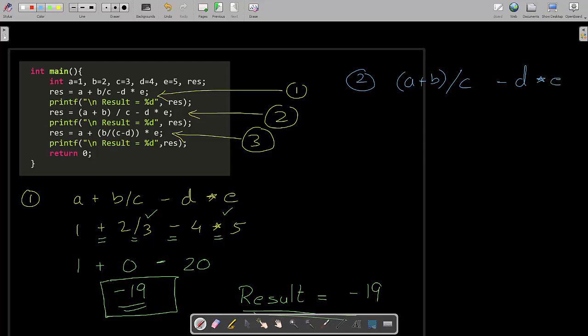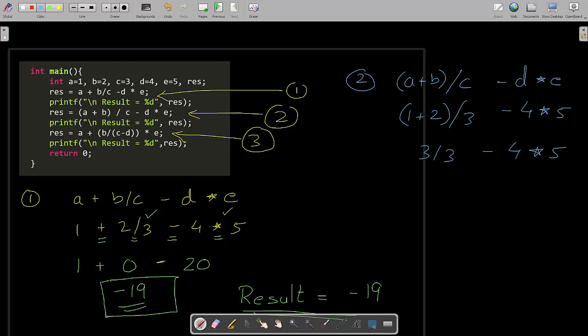Since we don't have any pre-increment or post-increment operator, the values of a, b, c, d and e will remain the same. So let us substitute the values: 1 plus 2 divided by 3 minus 4 into 5. Now 1 plus 2 is the first thing that is going to be executed because it is inside the parentheses. So this will become 3 divided by 3 minus 4 into 5.